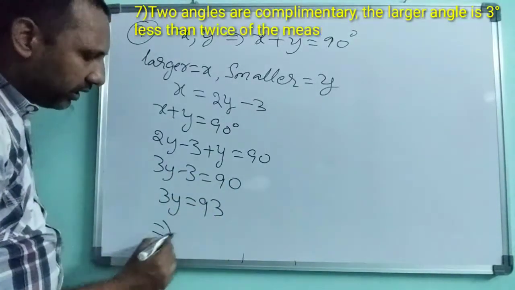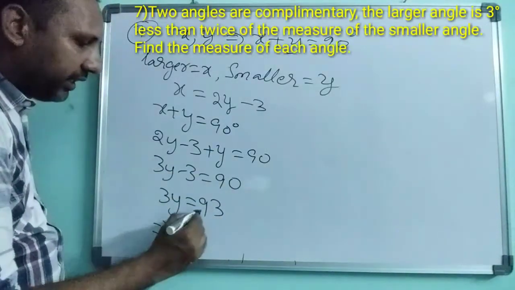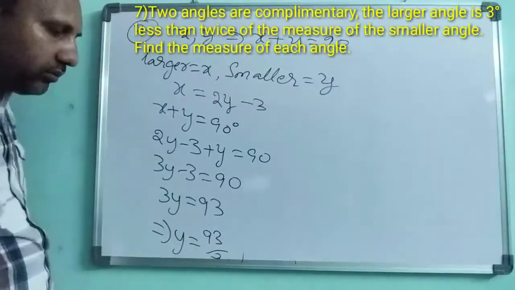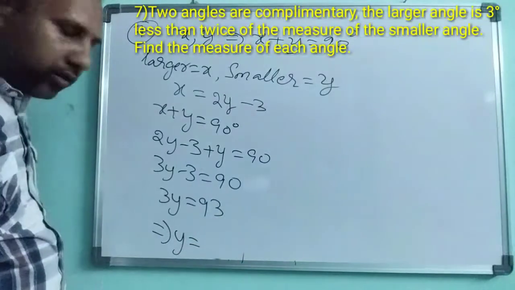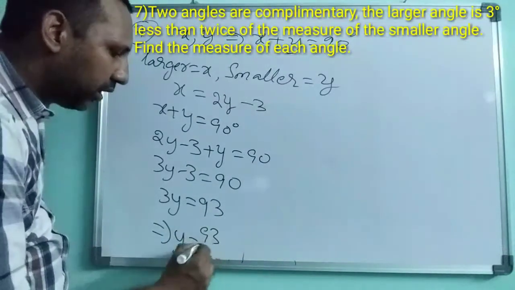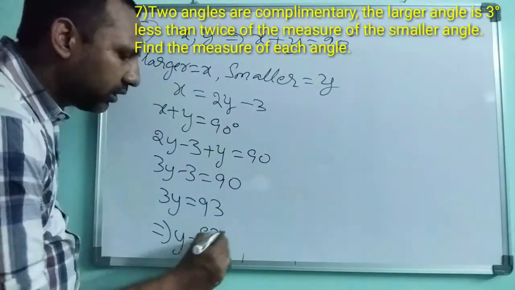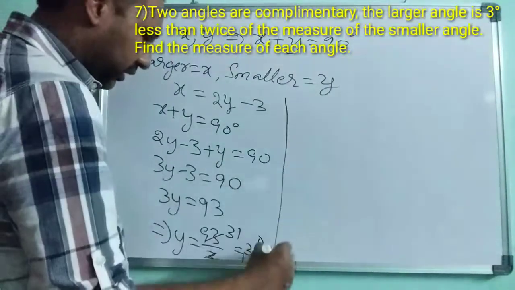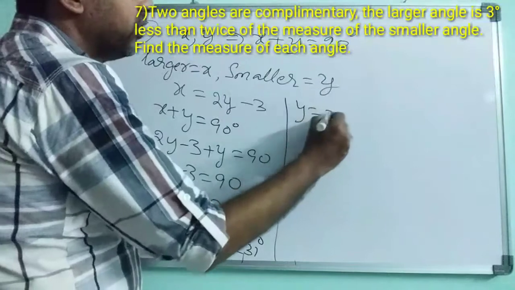That implies y is equal to 93 by 3. 3 ones are 3, 3 thirty-ones are 93. That is equal to 31 degrees. So y is equal to 31 degrees.